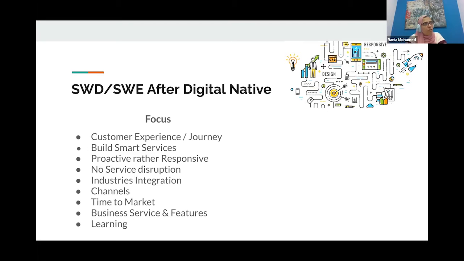So we care more about the end client, not the business client, but the end customer, the end consumer. For example, for automotive, we care more about the digital native person who is driving the car, using the car, sitting inside the car. What is his journey and experience in the car?